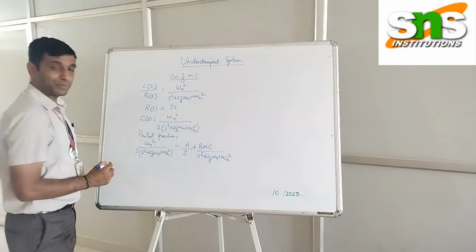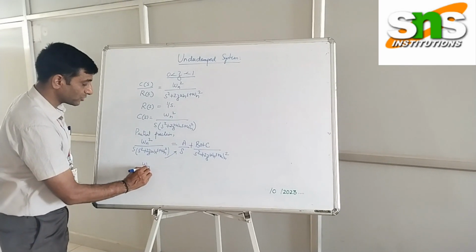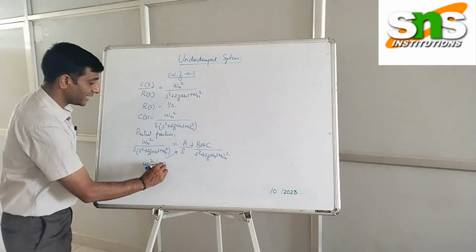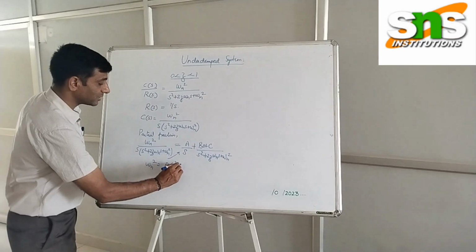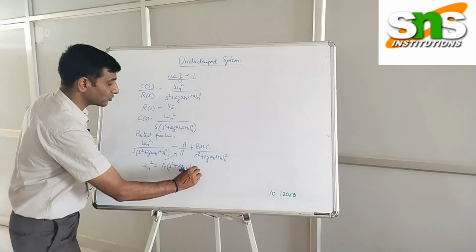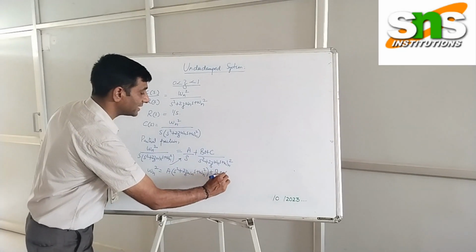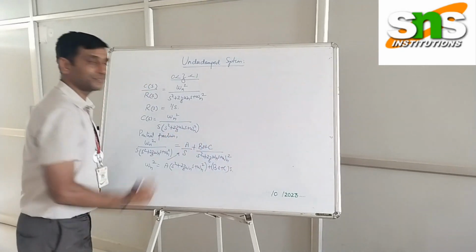Cross multiplying, omega n squared is equal to A into s squared plus 2 zeta omega n s plus omega n squared, plus Bs plus C into s.